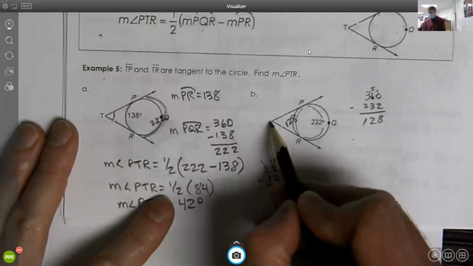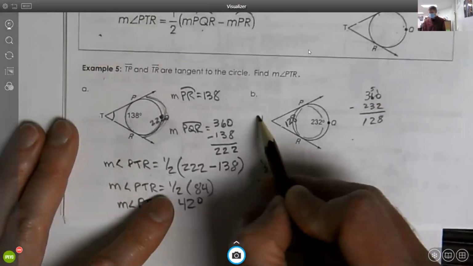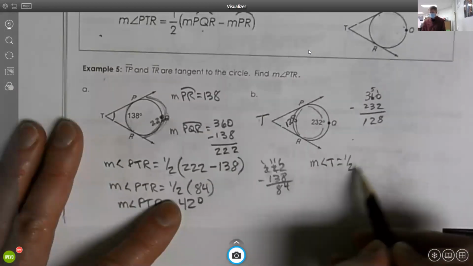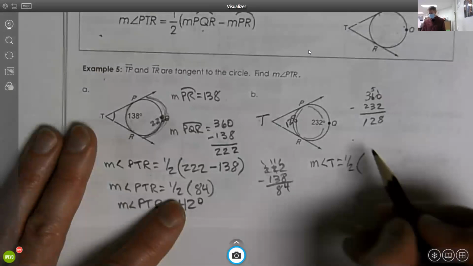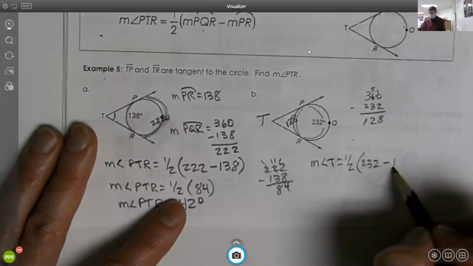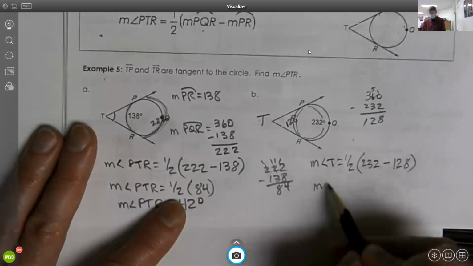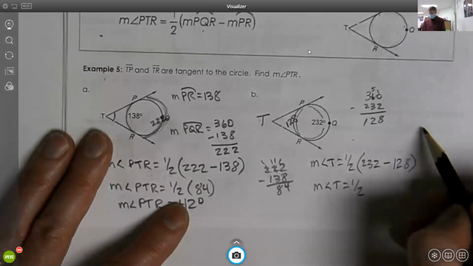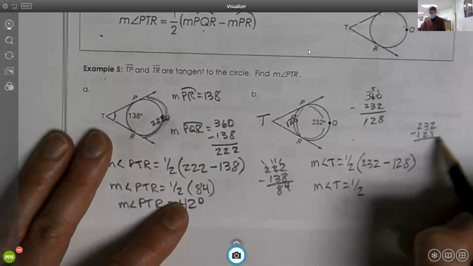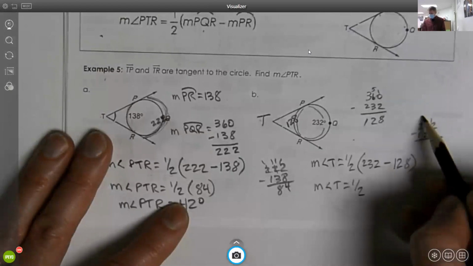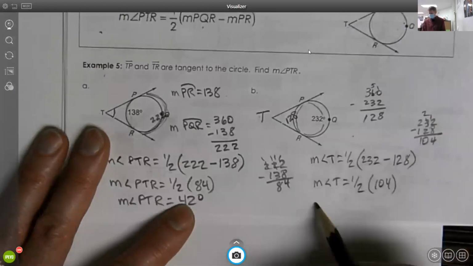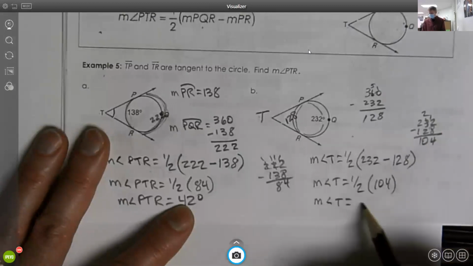We're missing our T here, but we'll put a T in that spot. So the measurement of angle T is going to be half the big arc, 232, minus the small arc, 128. And we get 232 minus 128. Carry our value over, we get 104. And half of 104 is going to be 52 degrees.